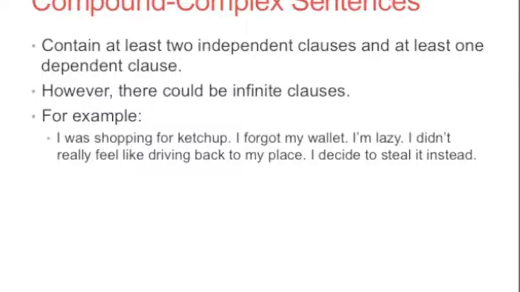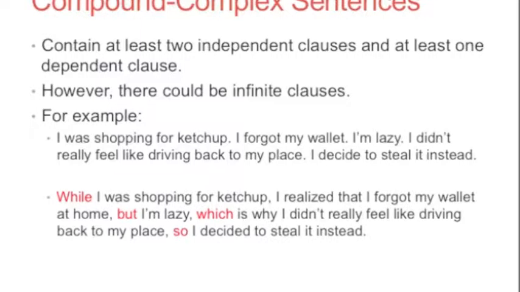All right, so here's the new, improved, revised ketchup larceny tale. While I was shopping for ketchup, I realized that I forgot my wallet at home, but I'm lazy, which is why I didn't really feel like driving back to my place, so I decided to steal it instead. All right, so dependent clause, while I was shopping for ketchup, leading into an independent clause, I realized that I forgot my wallet at home. And then we have a coordinating conjunction here. This is a compound sentence, right?